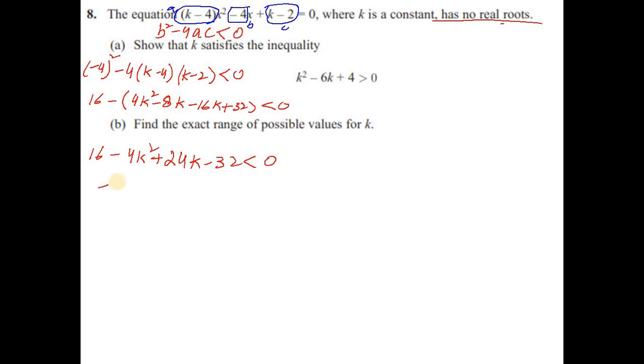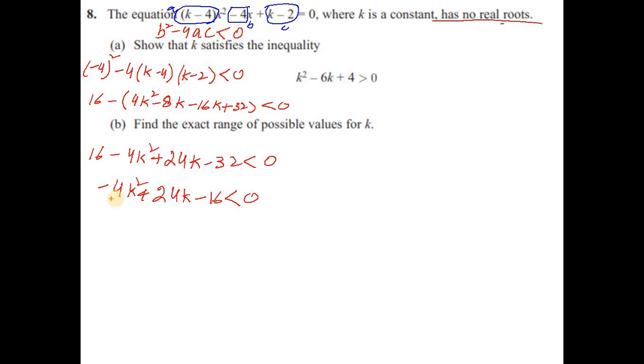Finally you have minus 4k squared plus 24k, and 16 minus 32 is minus 16 less than 0.